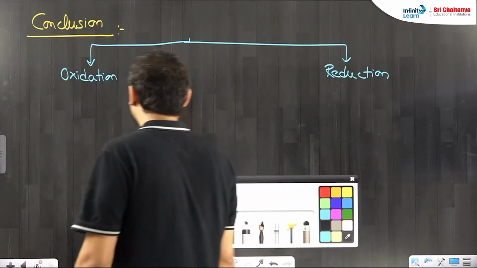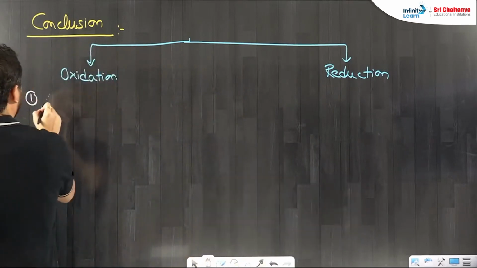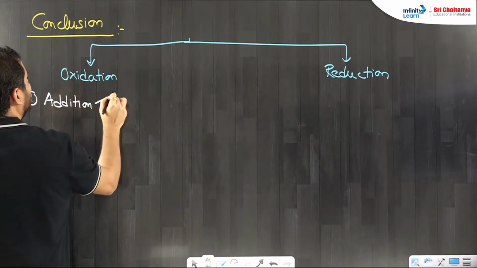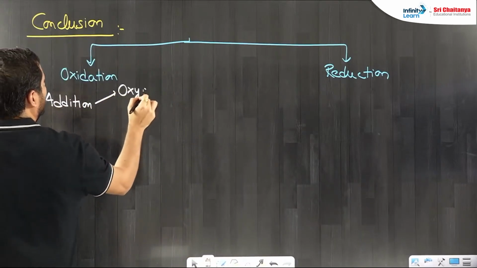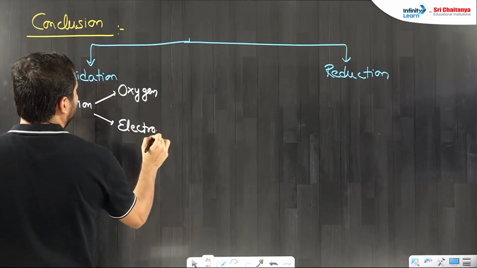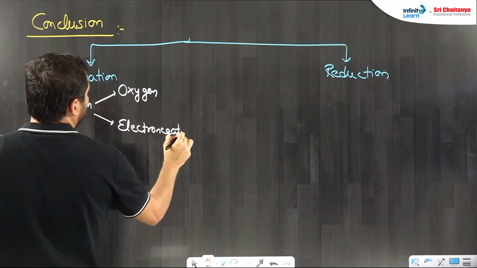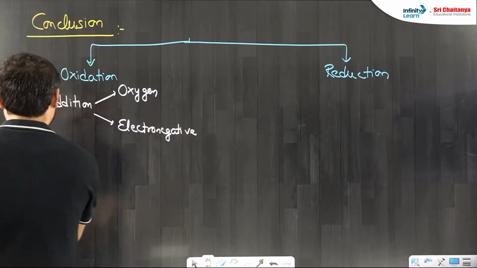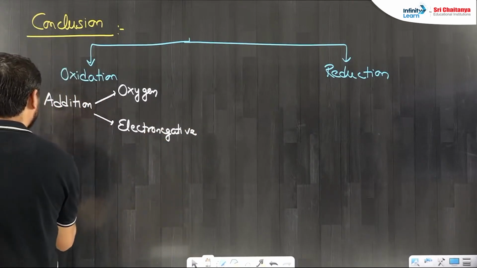Okay. So in oxidation, addition you have to remember. Addition of which element? Oxygen or electronegative. That is called as which process? Oxidation process.